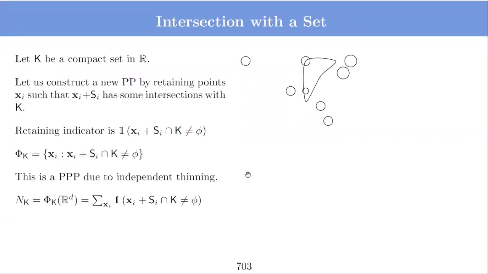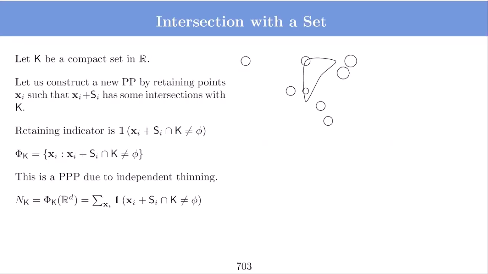If you want to calculate how many retained points there are in a set A, we can compute that because we know it's a Poisson random variable, with mean parameter given by the expectation. So now we can also answer this question: how many points are there in the whole space such that their grains intersect with K? That is given by the total number of points in the derived point process.